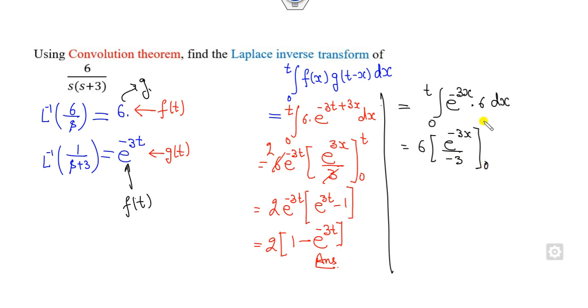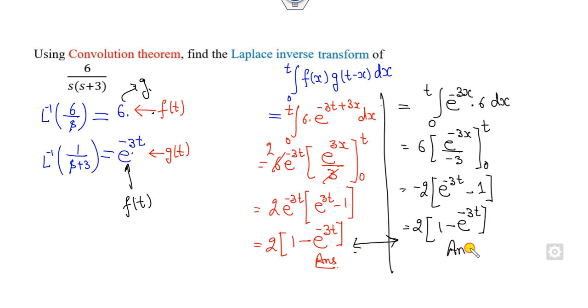And the answer will always be the same, whether you take this as f or this as g, or this as f or this as g. So I can adjust this, take minus as common, and it will be the same as this one. You can see both the answers are always the same.